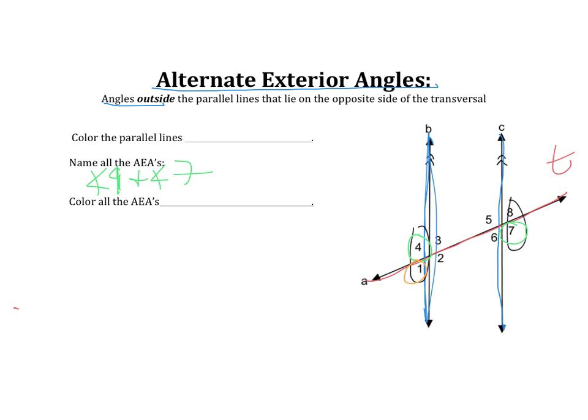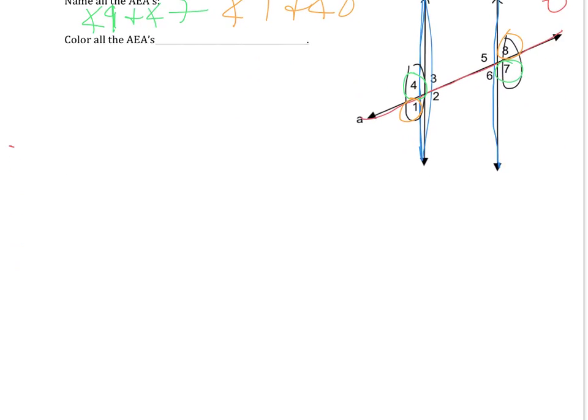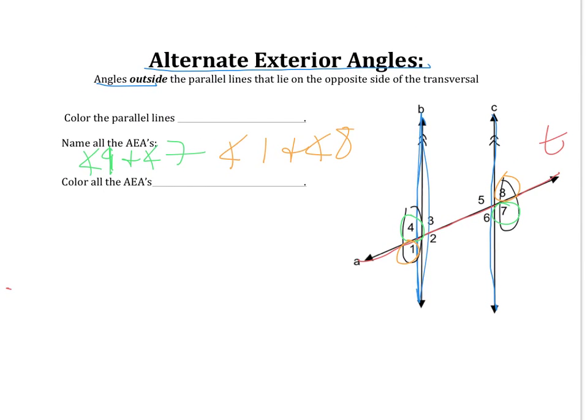So angle 1 is alternate exterior angle with angle 8. And the thing about all of these angles is that they are congruent. All right, good luck.